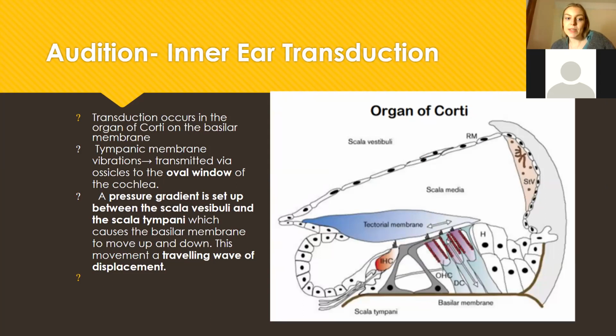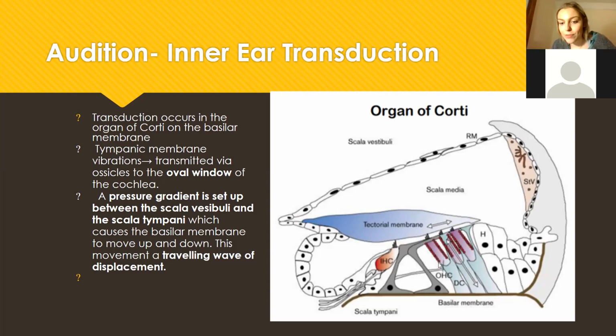So transduction specifically occurs in the organ of Corti, which is on the basilar membrane, which you see there at the bottom. So we have this tympanic membrane, and vibrations of the tympanic membrane are transmitted via ossicles to the oval window of the cochlea.